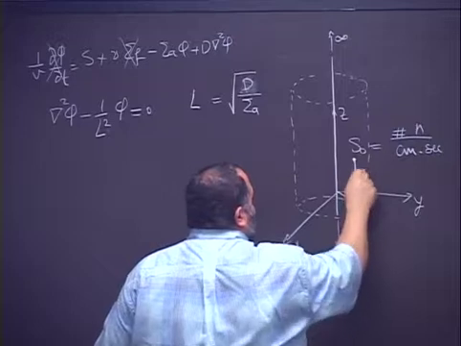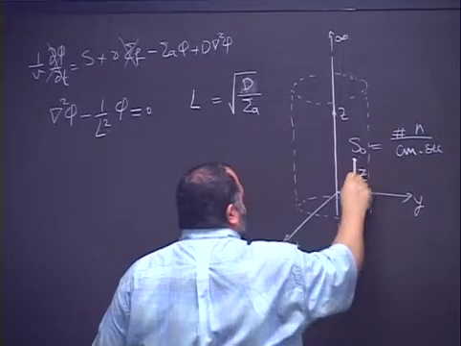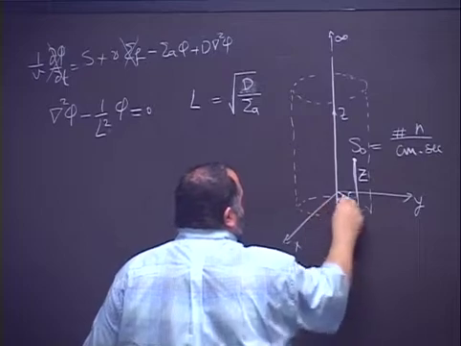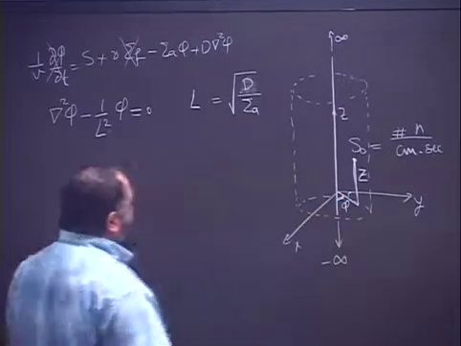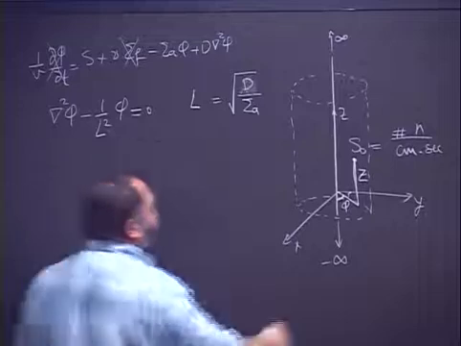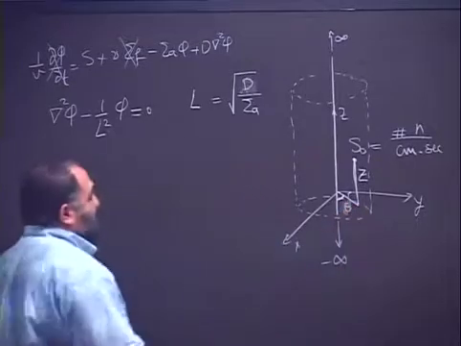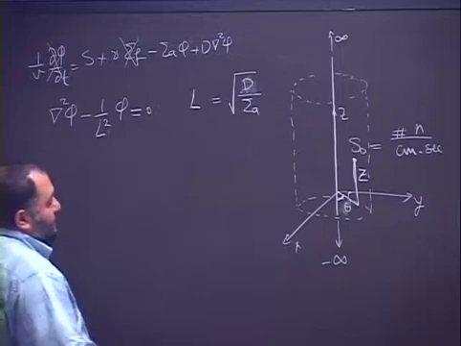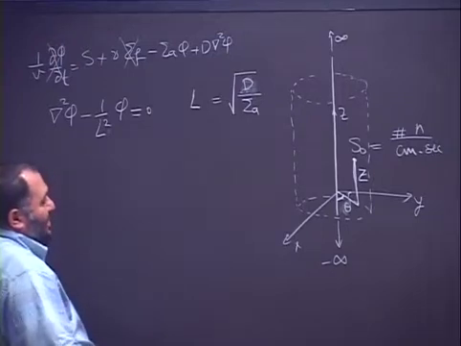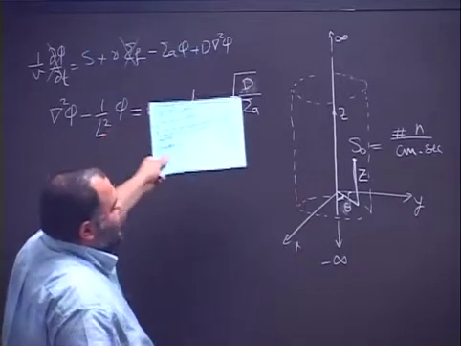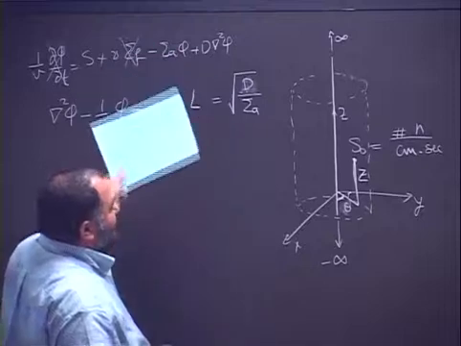A point on the cylinder has a height z, a radius r, and an angle phi. By the way, let's call the angle theta so that you will not be confused with the flux. Now, the line source will go from negative infinity to infinity in the z direction.